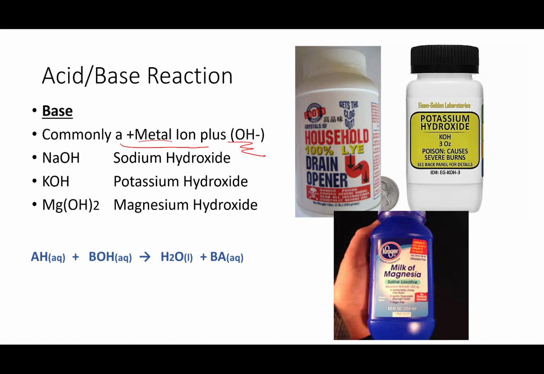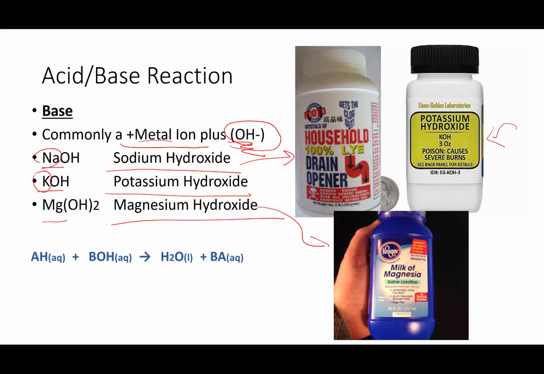Now, those positive metal ions can be things like sodium, potassium, magnesium, bonded to that hydroxide to produce things like sodium hydroxide or lye. Potassium hydroxide, which is commonly used when making biodiesel. And magnesium hydroxide, group 2, much less reactive than group 1 metals, sodium and potassium, and it can make things like milk of magnesia.